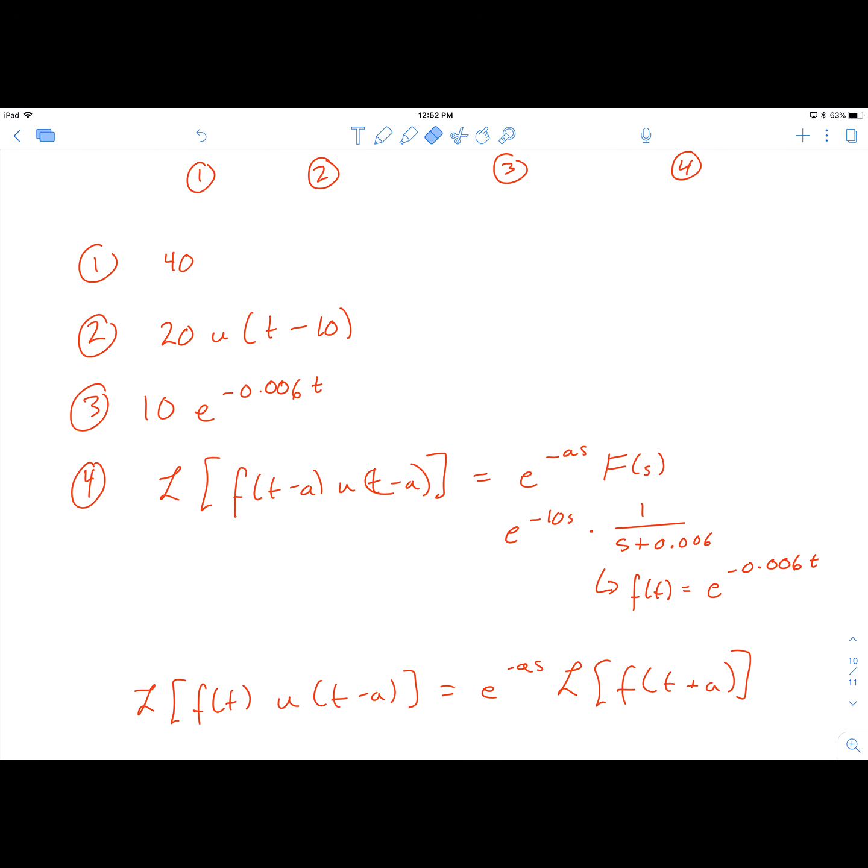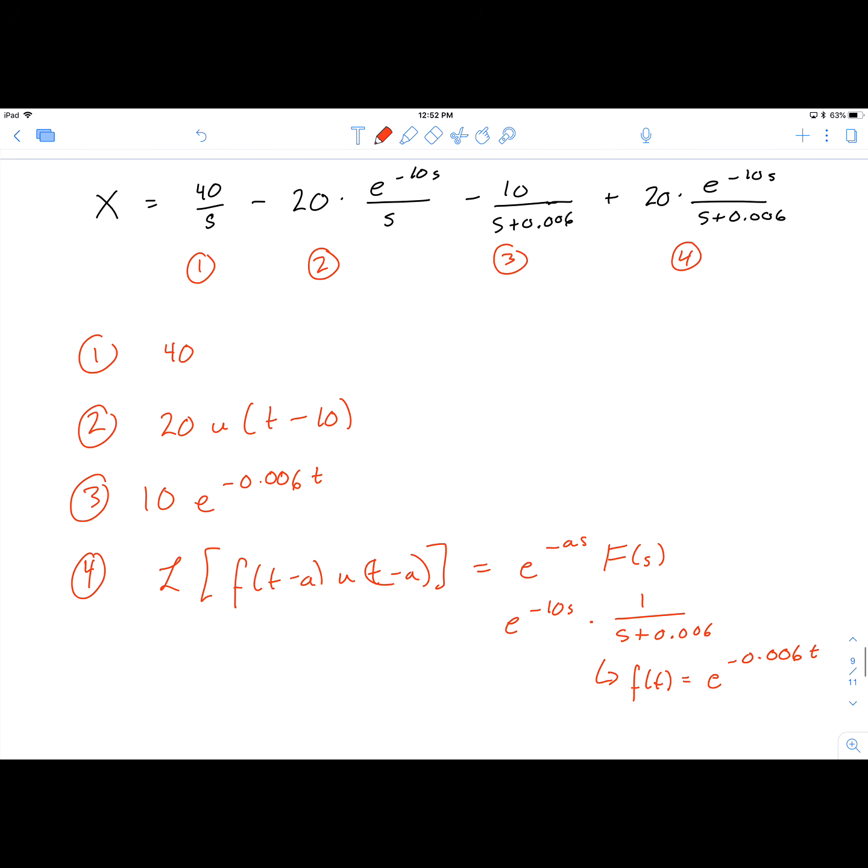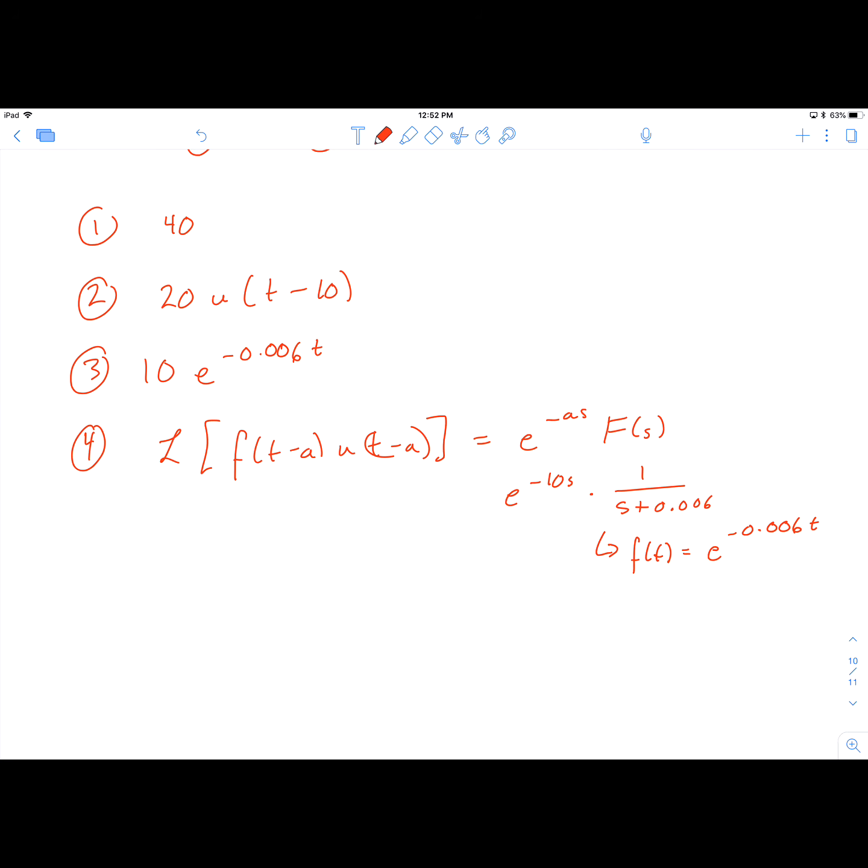And if we work backwards then, that means that e to the negative 10s times 1 over s plus 0.006, the inverse Laplace transform would be this piece here. So that would be f of t minus a, e to the negative 0.006 times t minus 10, and times the unit step function, t minus 10.